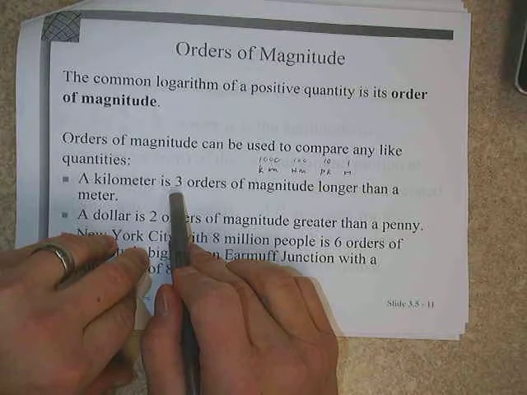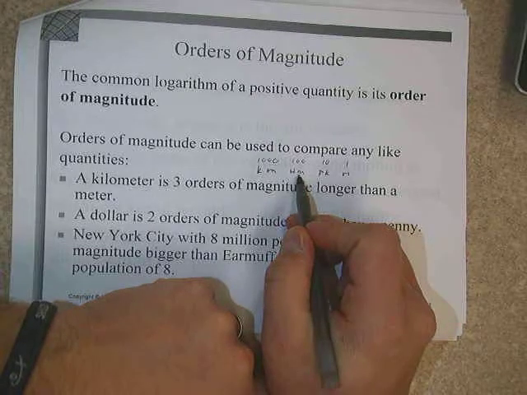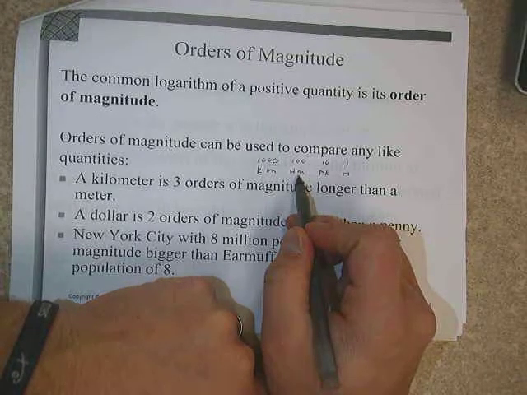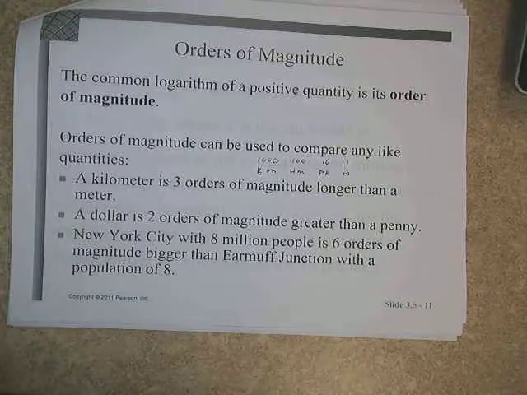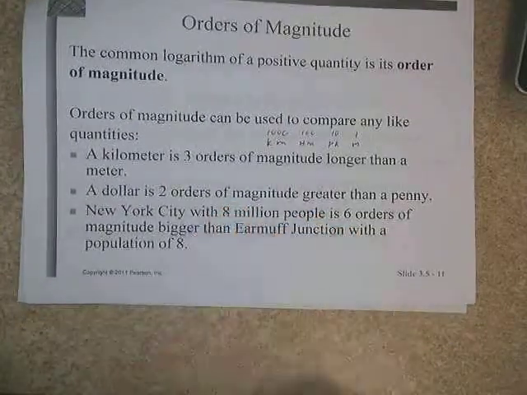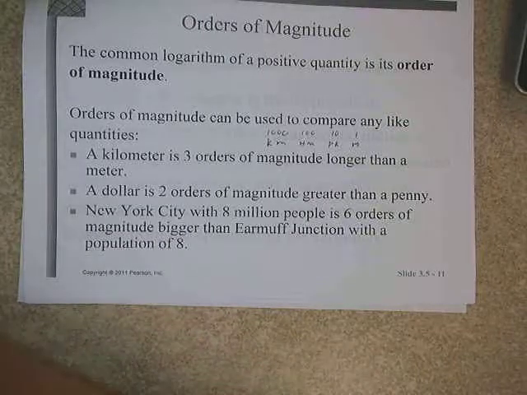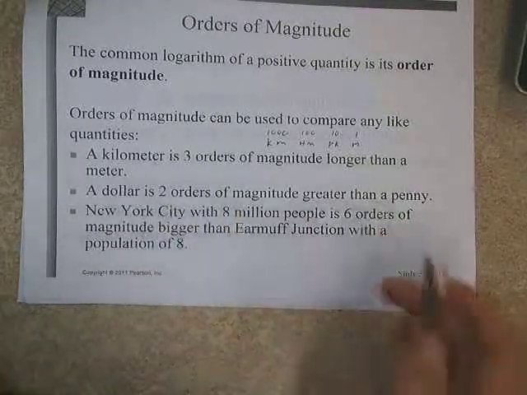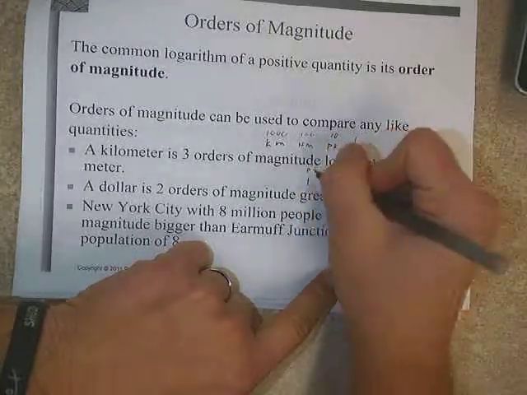So anything that's 1,000 times more than something else, we say is 3 orders of magnitude larger. Whereas this one would be how many orders of magnitude larger than the meter? This would be 2, and this one would be 1. So it's all about powers of 10.